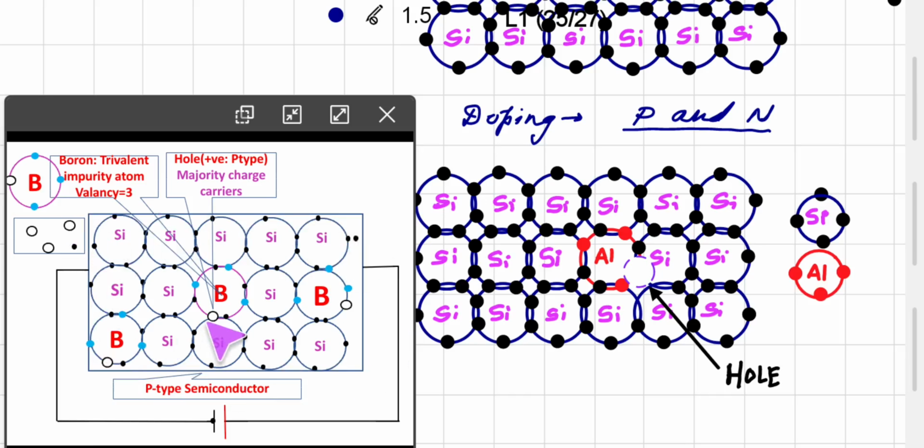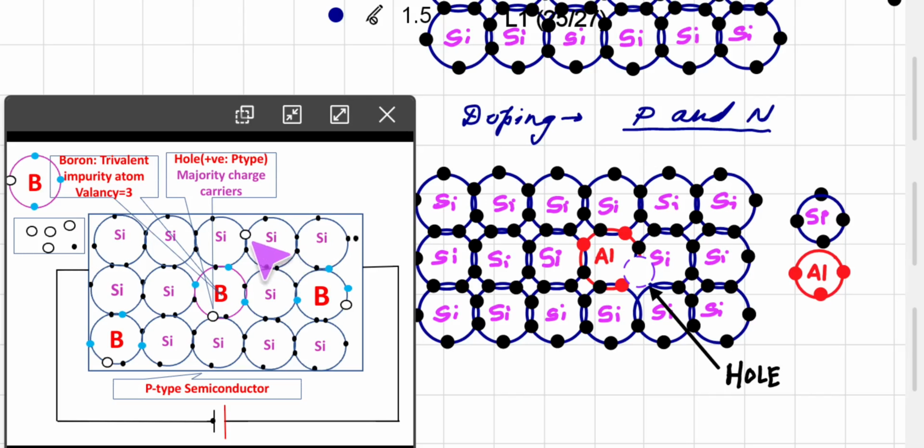So holes are available because of the doped atoms, and a very small number of electrons are available due to thermal energy. These electrons are available in p-type material, but the majority of the charges in p-type material are holes, and so the electrons in p-type material are called minority charge carriers.